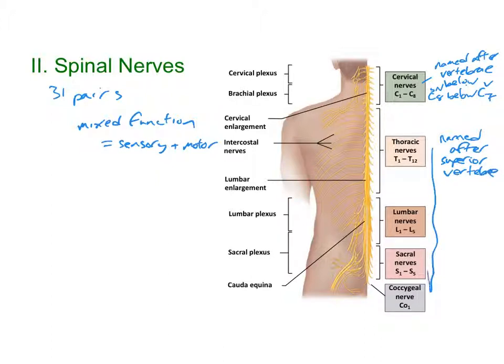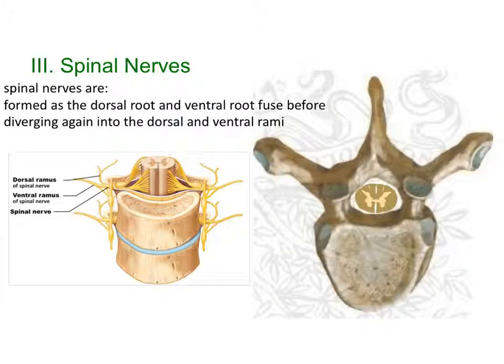And this holds true all the way down to the coccygeal nerve number 1, which comes out at the coccyx. So typically 1 to 2 centimeters long total.